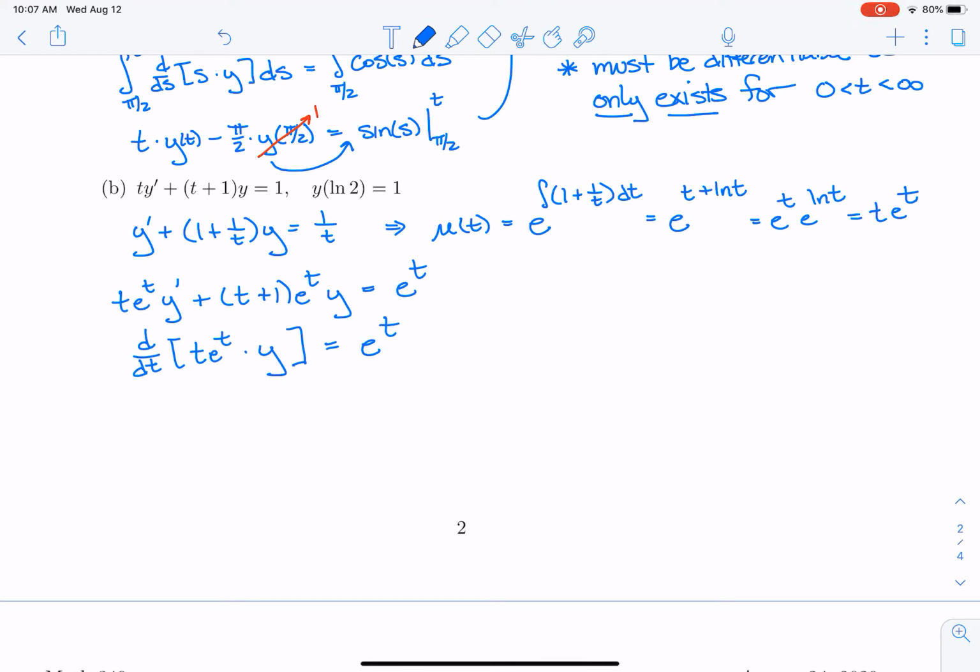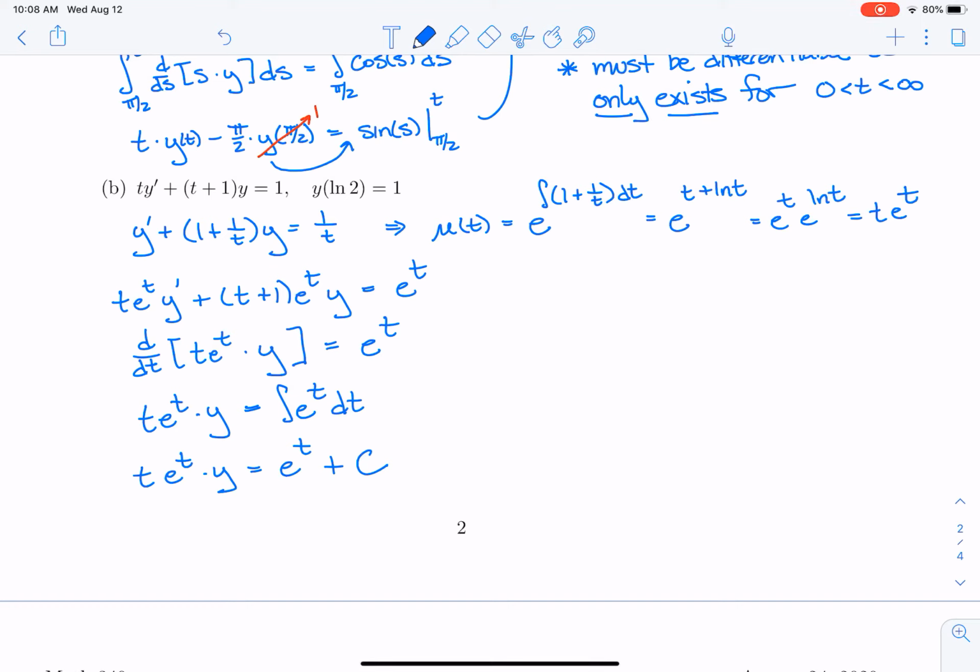I'm going to go back to my original version of doing the problem. I'm just going to anti-differentiate both sides. So t e to the t times y must be the antiderivative of e to the t, dt. So that tells me that t e to the t times y must equal e to the t plus c.